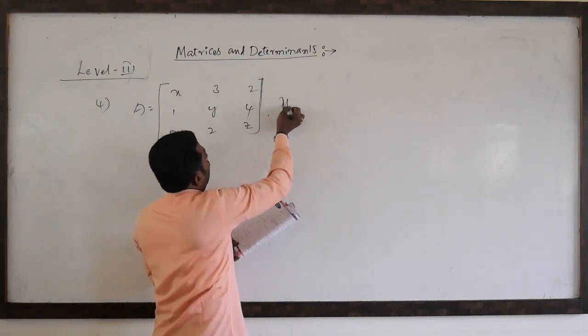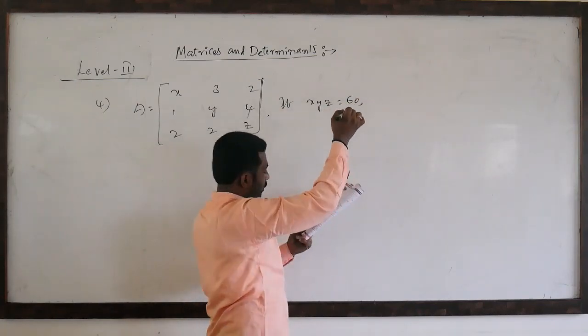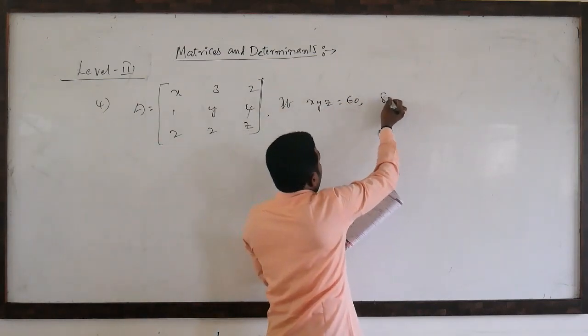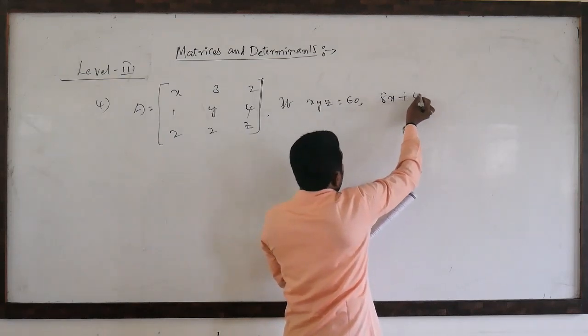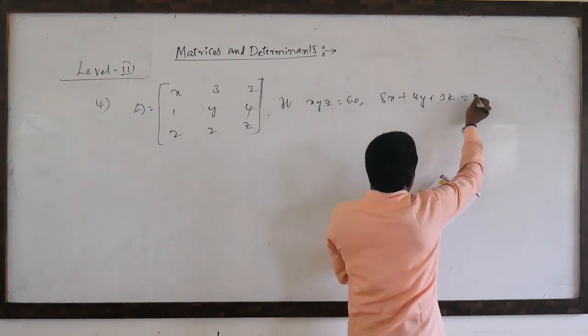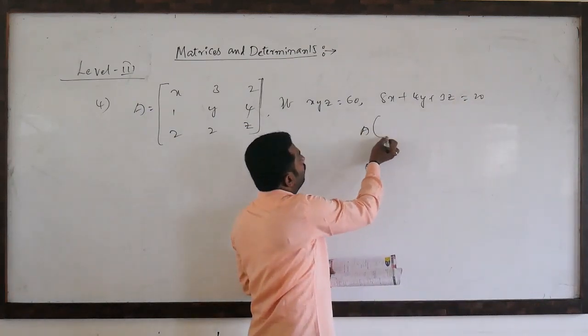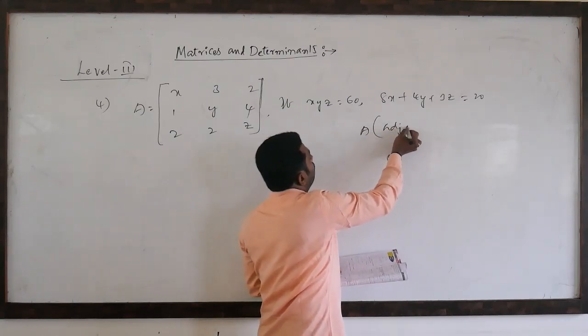If xyz equal to 16, 8x plus 4y plus 3z equal to 20, then what is A into adjoint of A?